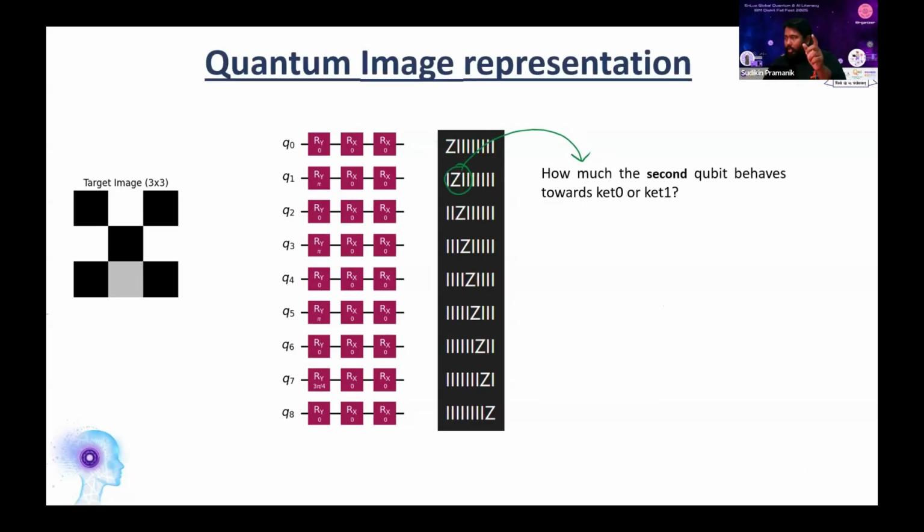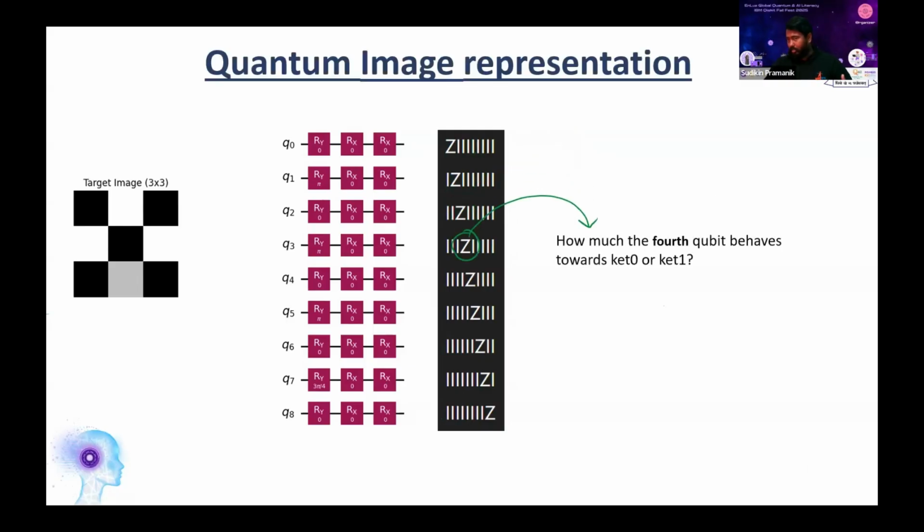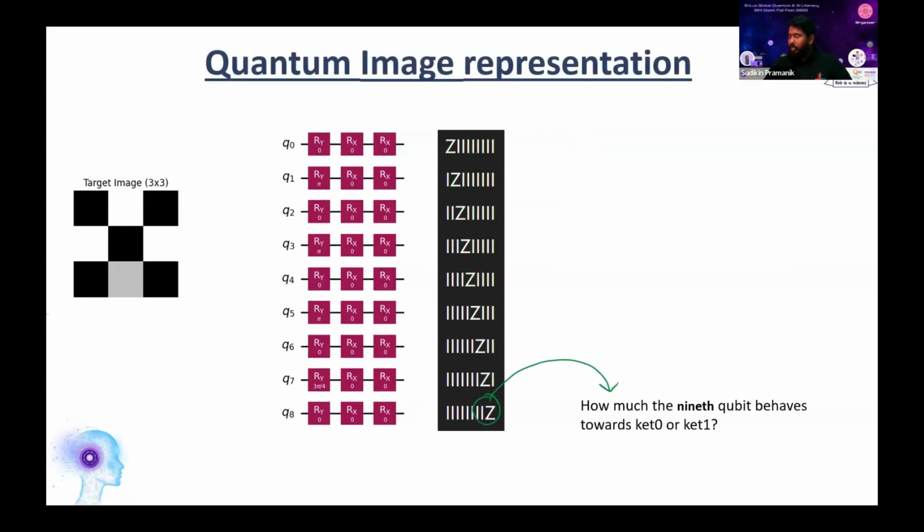Similarly, a Z in the second position represents the Z value on the second qubit. So how much the second qubit behaves towards ket 0 or ket 1. Similarly for the third, the fourth, the fifth, and the ninth. Now, we defined the observable. So we had the encoding, we had the trainable circuit, we defined the observable. So the 3 main parts of a QVC algorithm are done here, right?